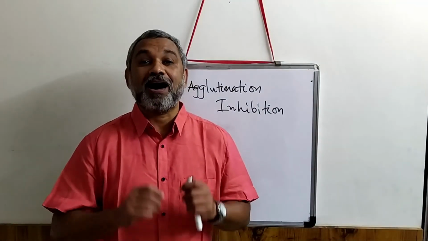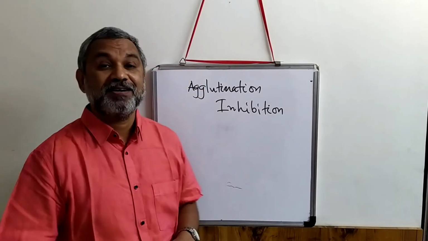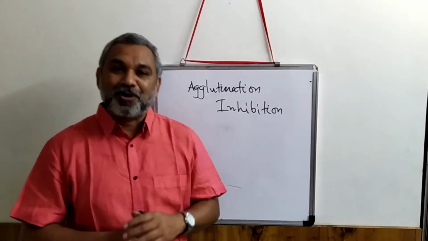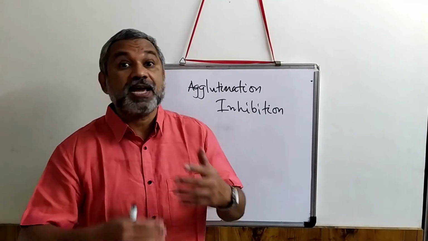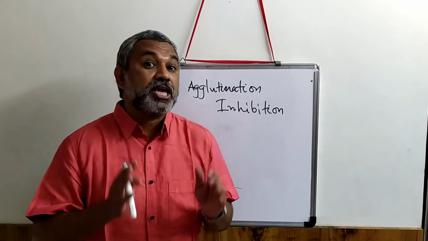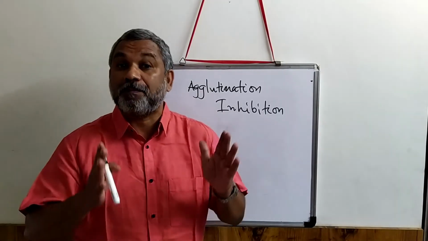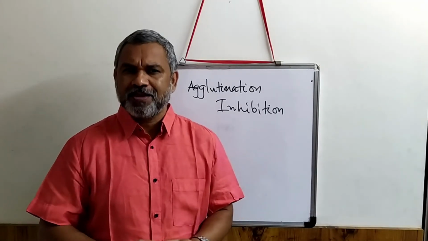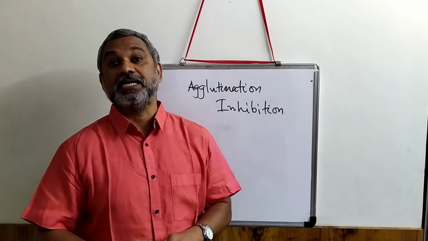Our discussion about agglutination reaction is incomplete unless we speak a few words about agglutination inhibition. Agglutination inhibition is a variation of agglutination reaction used to find the presence or the absence of a particular antigen. A classic example is in detection of drugs.